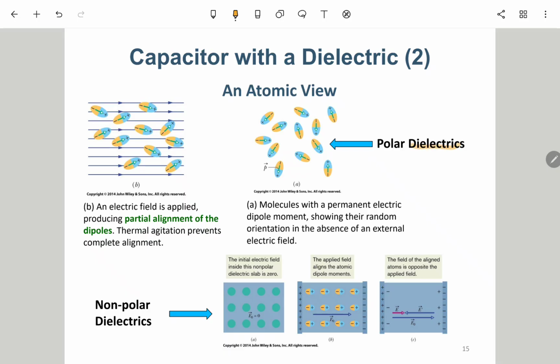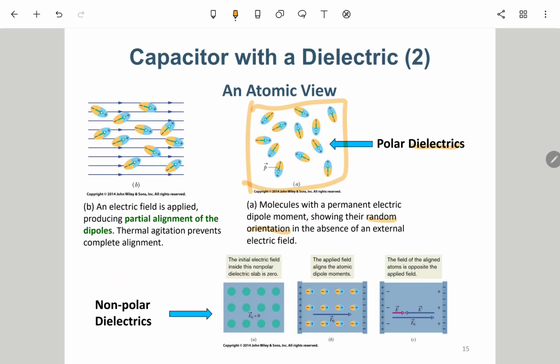If the dielectric is placed at a place that has no external E field, then all these dipoles will be randomly oriented, pointing in different directions. You learned the electric dipole in chapter 22. The electric dipole can also generate an E field, but if you don't have any external E field, they will have random orientation.